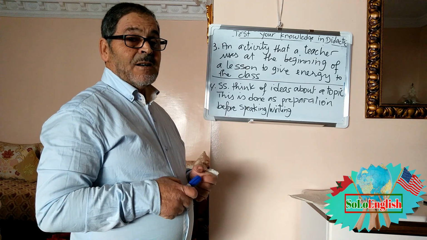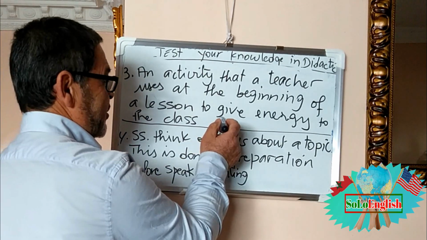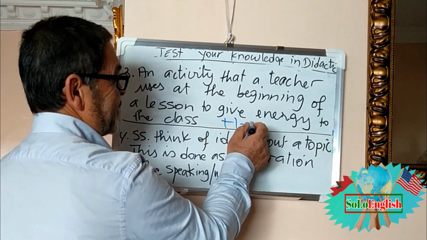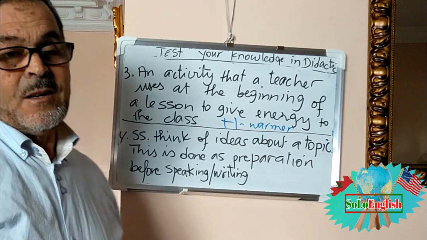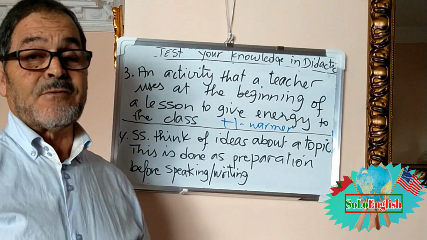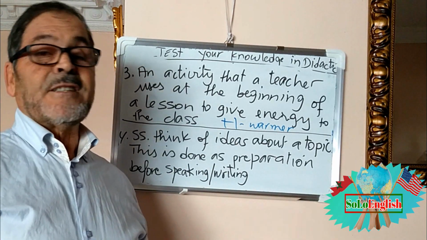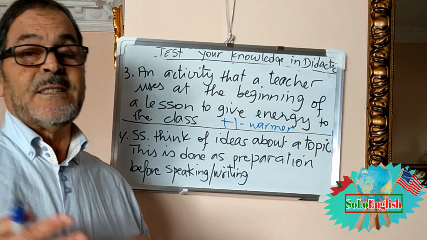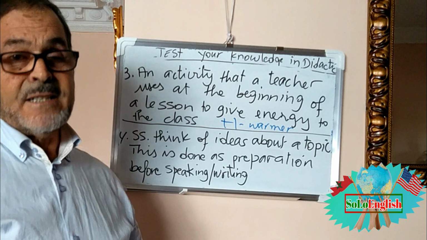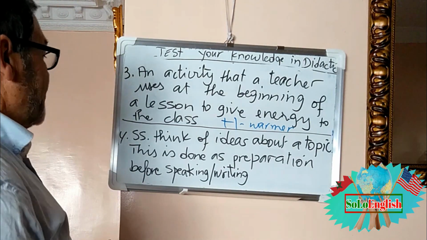It is warmer, H. Warmer means warming up. When we come to the classroom, usually we start with warming up. We say, well, good morning, how are you? How did you study today? Are you fine? Okay, this is a warm up, and we ask a few questions.